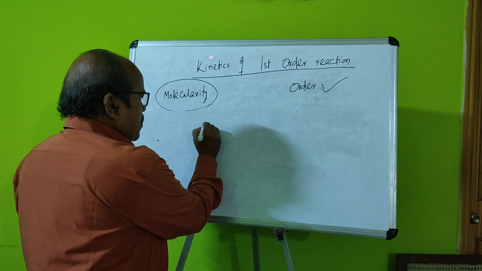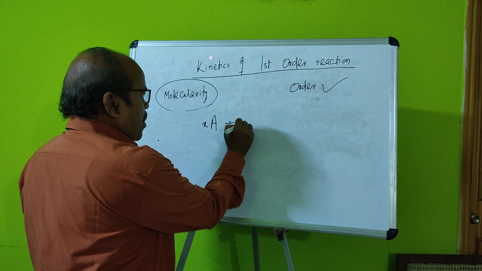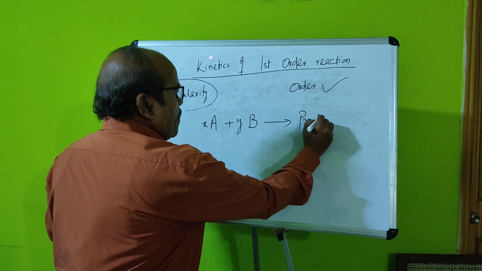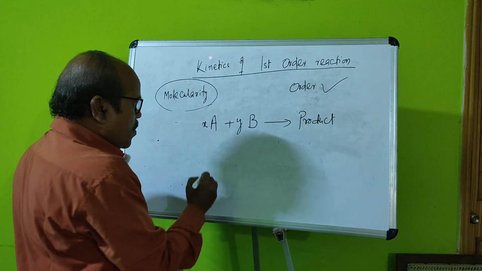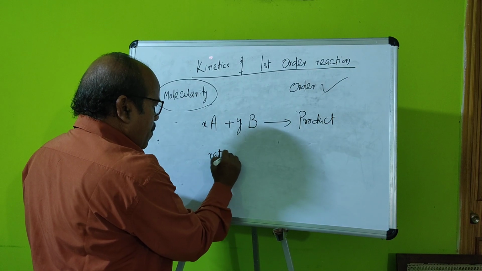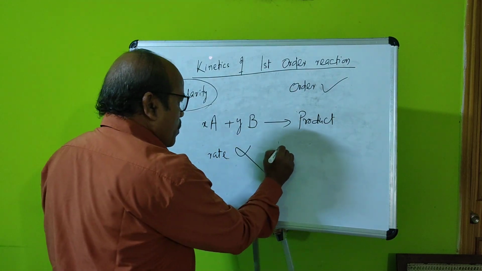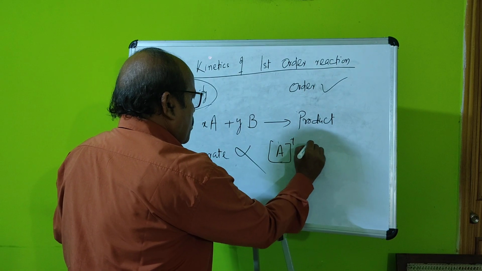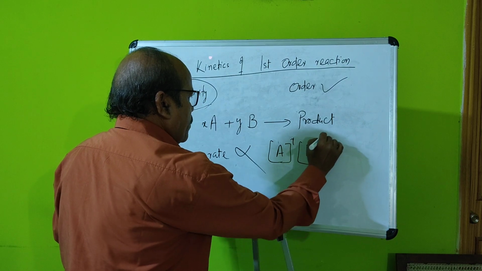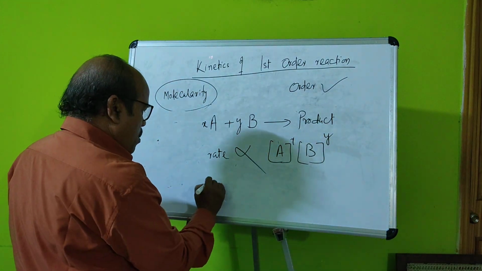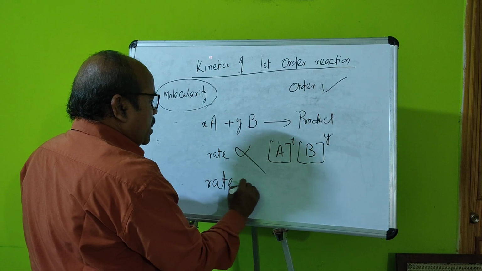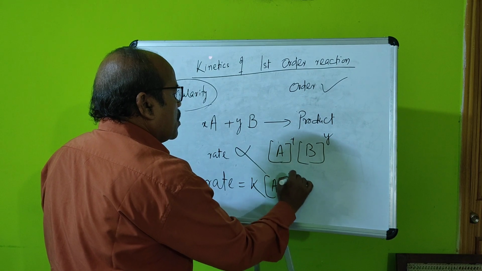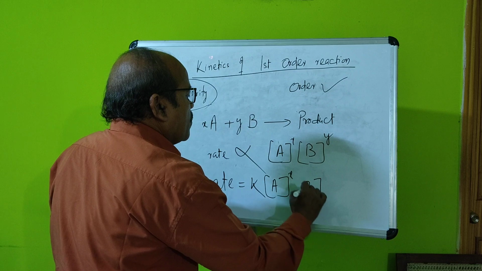Suppose there is a reaction xA plus yB will give rise to product. Now rate is proportional to A to the power x, B to the power y, or rate is equal to k into A to the power x, B to the power y.